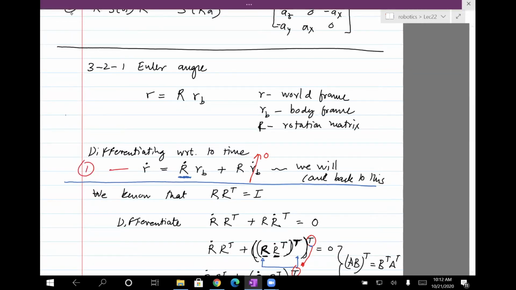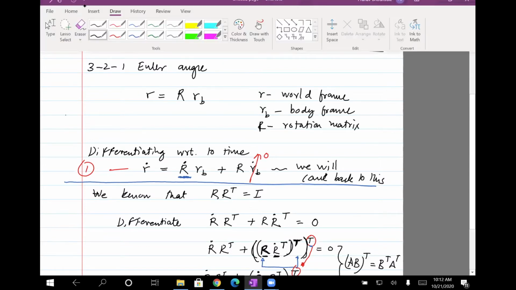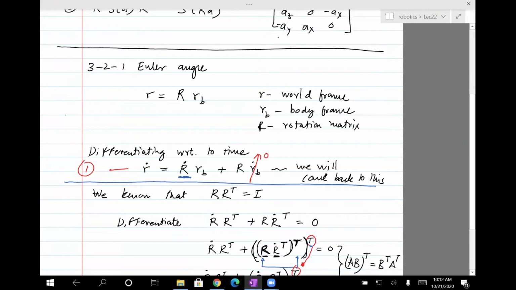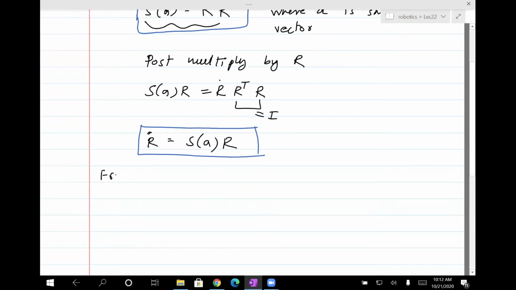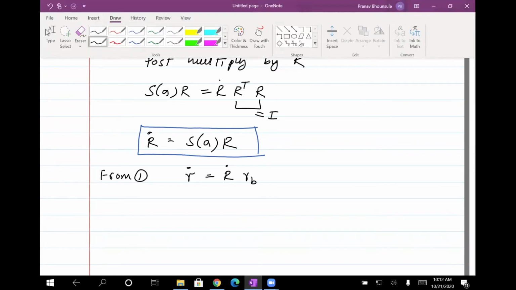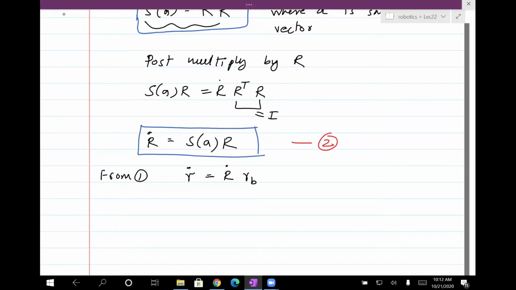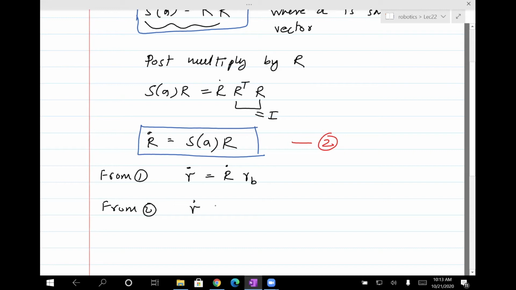I'm going to rewrite 1: from 1, we wrote small r dot is capital R dot times RB. And now is the time to sub in the value of capital R dot. So from 2, we have small r dot equals S of A times R times RB.